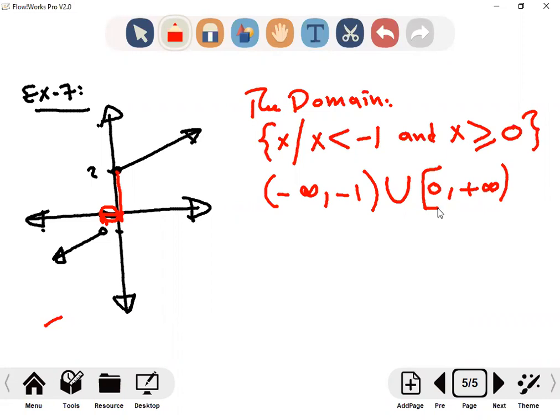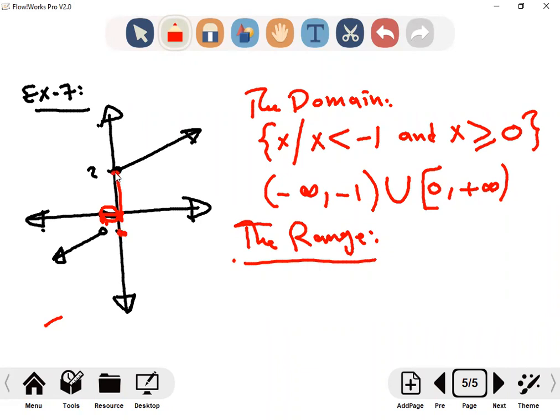The range. Let's talk about the range a little bit. Now the range here is up and down, right? From -1, here is -1, and here 2.